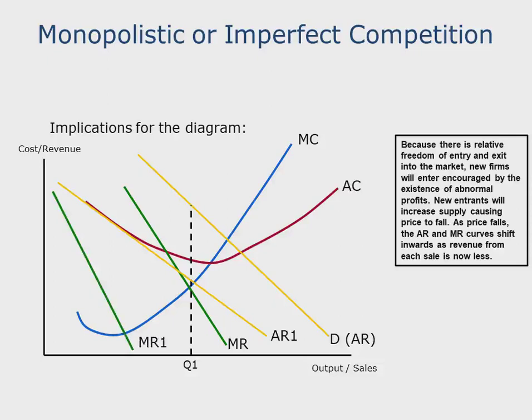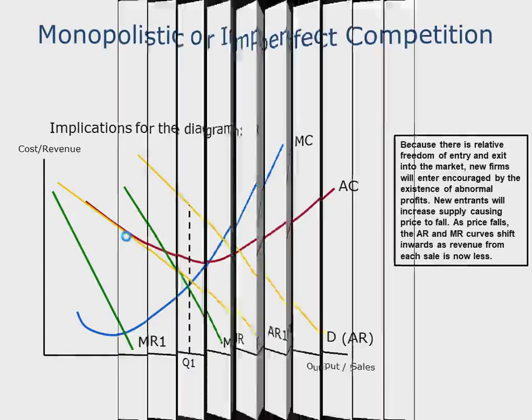Now you will see that with this new average revenue curve, our average cost curve here is tangent to the new demand curve, and therefore it shows that if we pick the output level where marginal revenue equals marginal cost and go up, we will be making normal profits, or the firms will be breaking even in the long run.